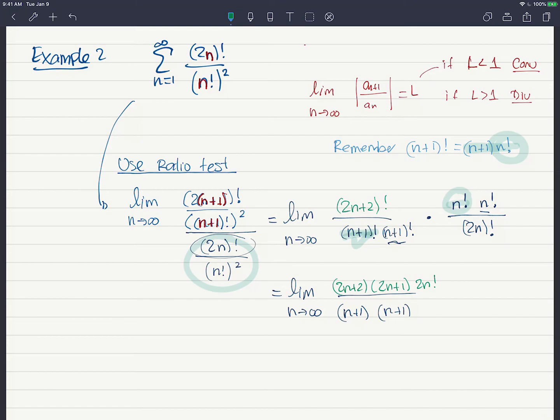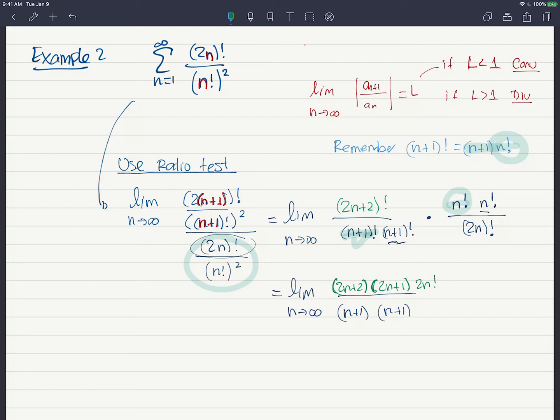So the 2n plus 2 factorial, you can multiply every number between 2n plus 2 and 1. The first term is 2n plus 2. The second term is 2n plus 1. The next term is 2n. So you have this 2n factorial now.